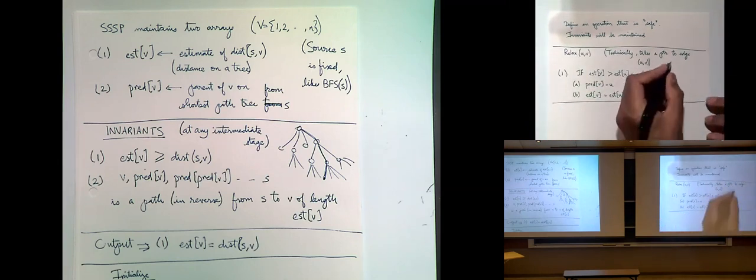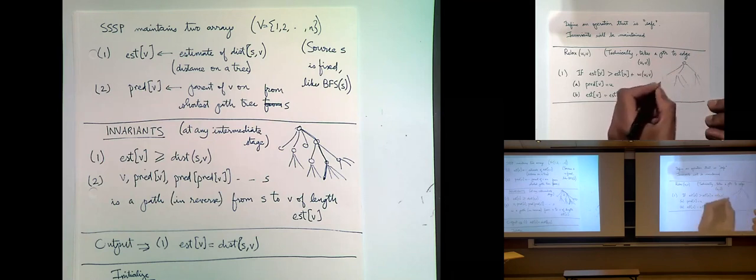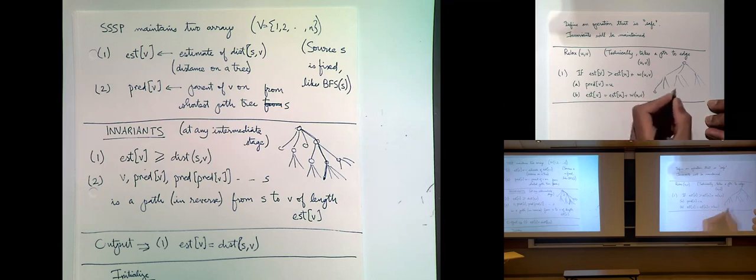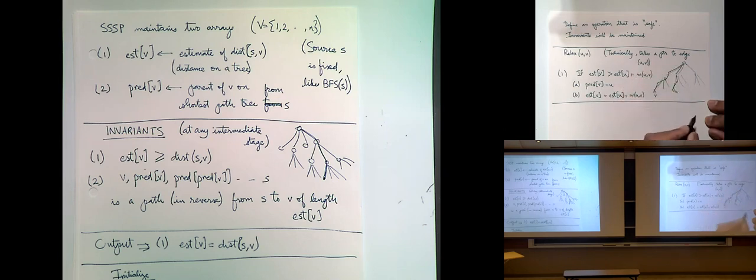So what this is saying is simply that, look, here's your tree that you have right now. Here's a vertex V, and you have some path on the tree that goes to V. And you have some path that goes to U. What you have discovered is that instead of going down the tree path to V, if you went down to U and then took this edge UV, it's actually shorter.